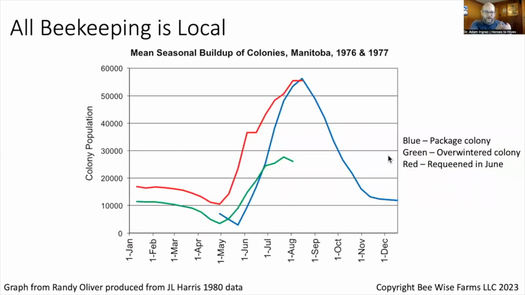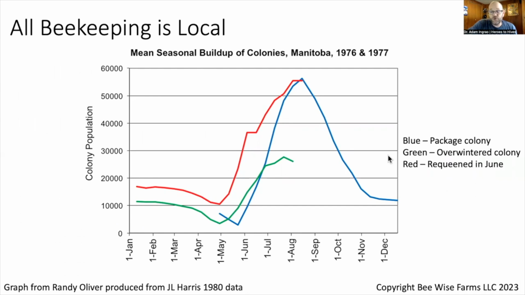Okay, so I'm going to wrap up the superorganism lecture by really trying to illustrate that all beekeeping is local. So you're going to have these colonies, and we're going to be going through this course together all year. And basically what I want you to remember as we're talking through all of this material all year long is that it is very important for you to understand that all beekeeping is local.